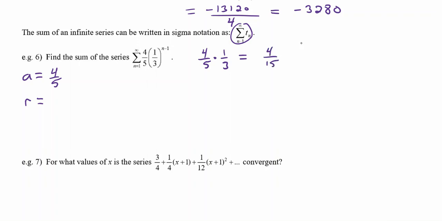And now, if that was my second term, so my first one was 4 over 5, and my second term was 4 over 15, I could divide those, right? So that would be 4 over 15 divided by 4 over 5. Flip those, and you end... here, I'll actually do it. 4 over 15 divided by 5 over 4.